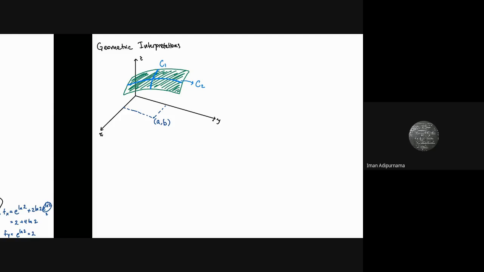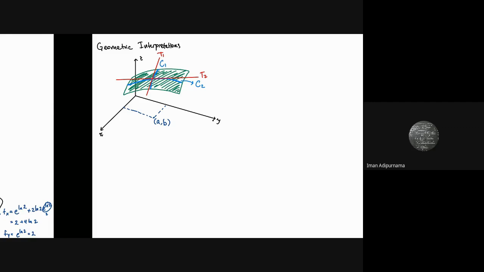Okay, and on that curve, exactly at this middle point, the intersection of the curve, let's say this is T1 and we have T2, the tangent.